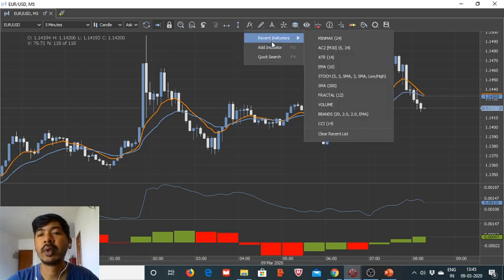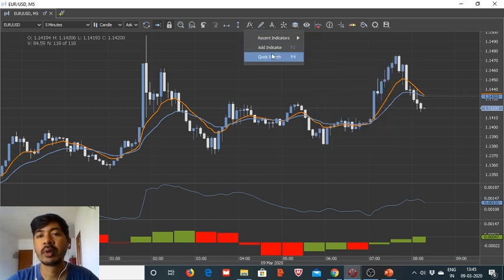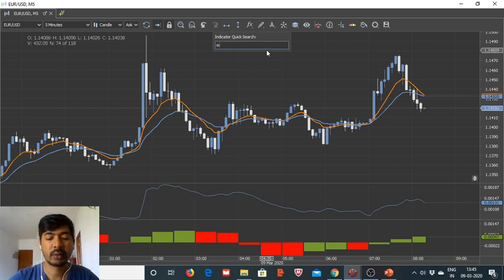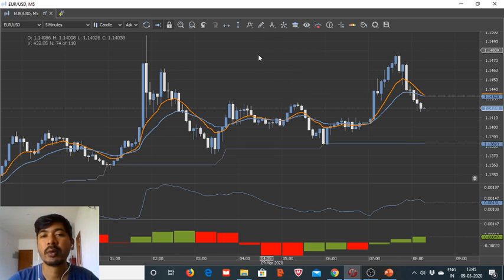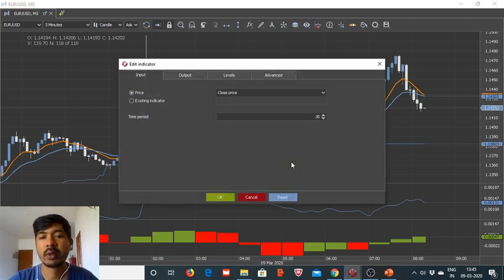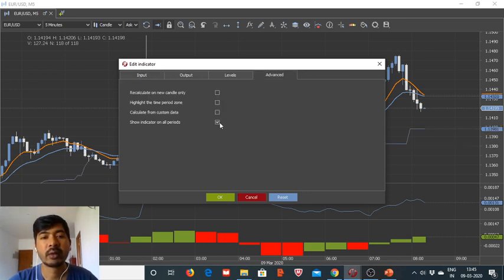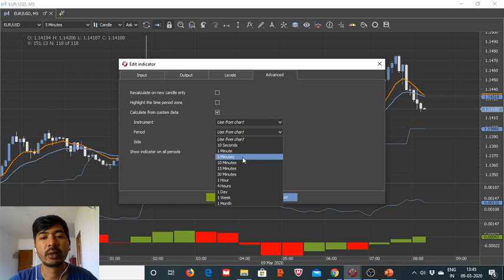Here also we will add a separate minimum and a separate maximum, so lowest value, and we are going to do minimum of 24 for 5 minutes, calculating from the custom data. Read is 5 minutes.